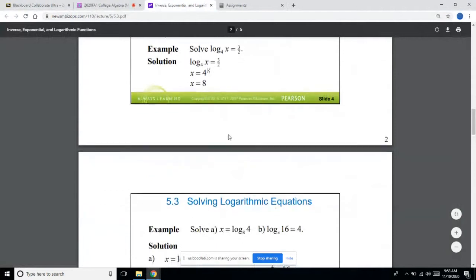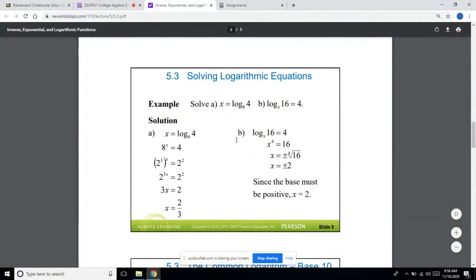All right, I'm going to return to our PowerPoint slides. And here's just some further examples. For this example, we have x equal to the log base 8 of 4. So here again, we will rewrite this log as an exponential.